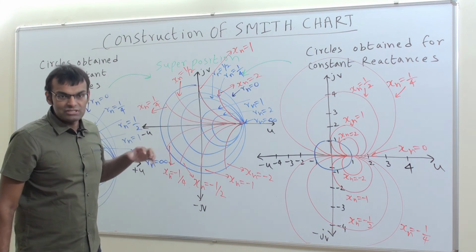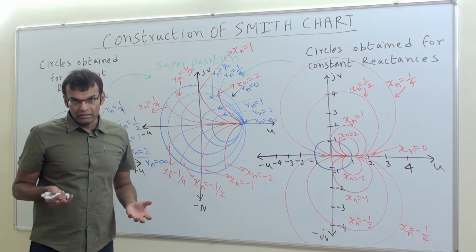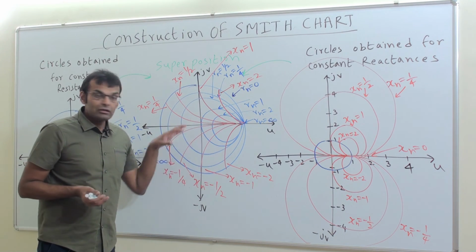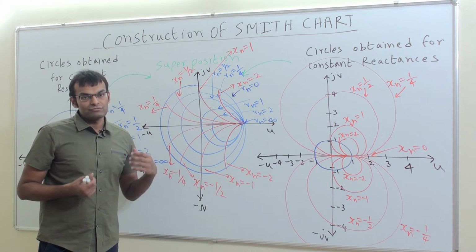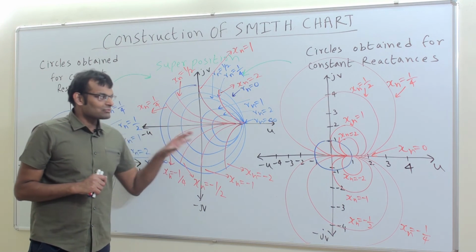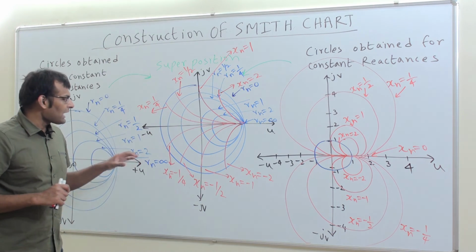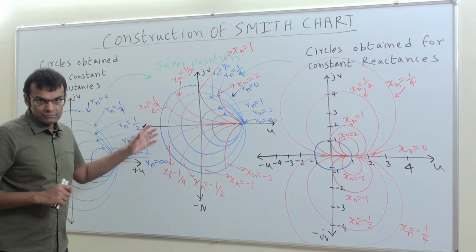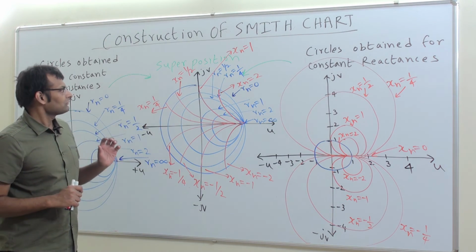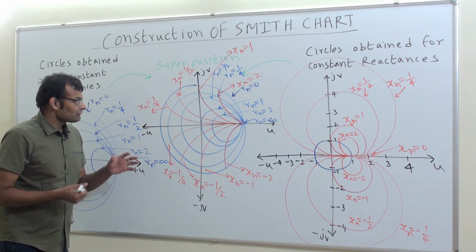The upper plane generally gives you an idea of inductive load, and the lower part gives you a capacitive load. So this is basically what we call the Smith chart. What did we do?